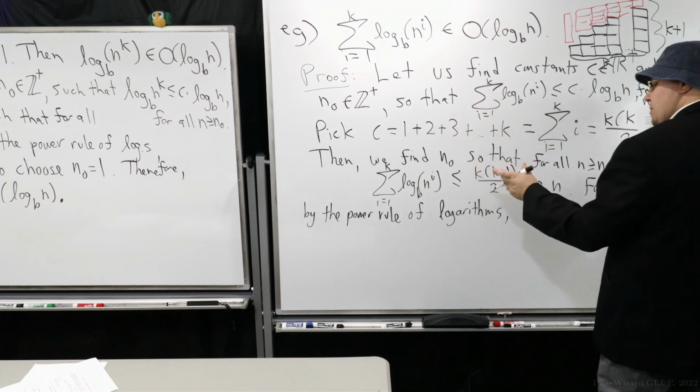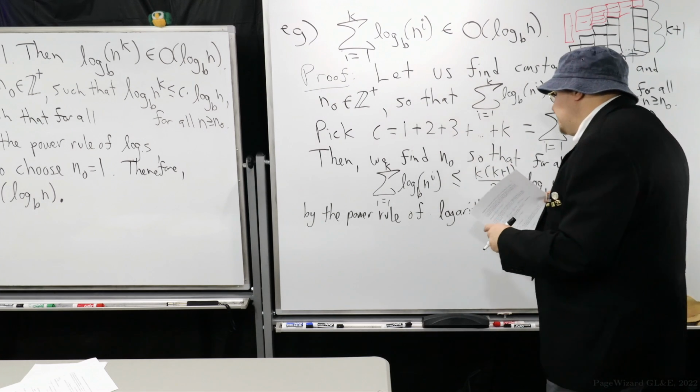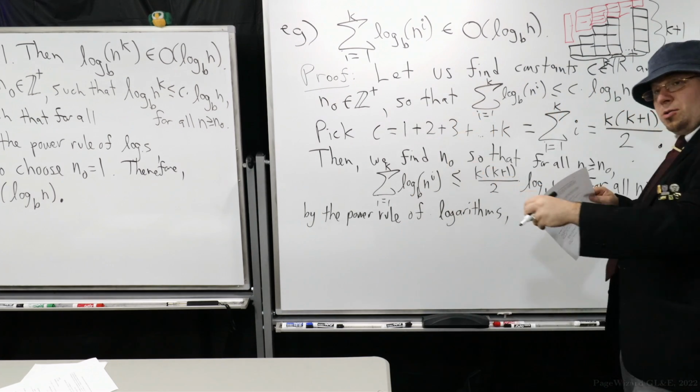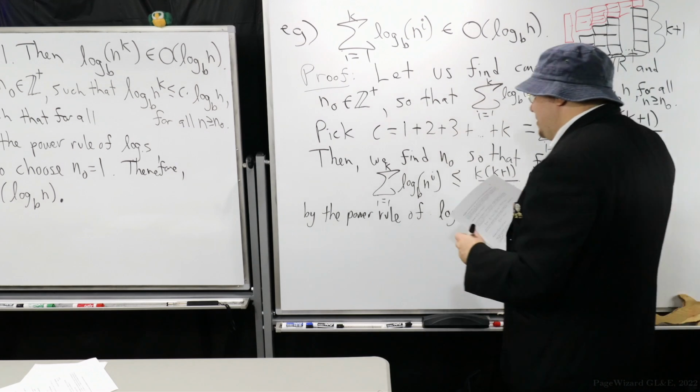I can make use of summation properties in the following way. Notice that for each one of these, I can apply the power rule, so I can throw that i out front, and then we'll see what happens.